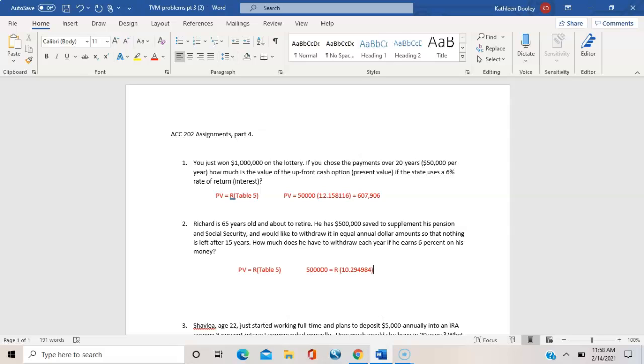Okay, now we have to get the R by itself. So we're going to take each side of the equation and divide it by the 10.294984 so that we can get the R by itself.